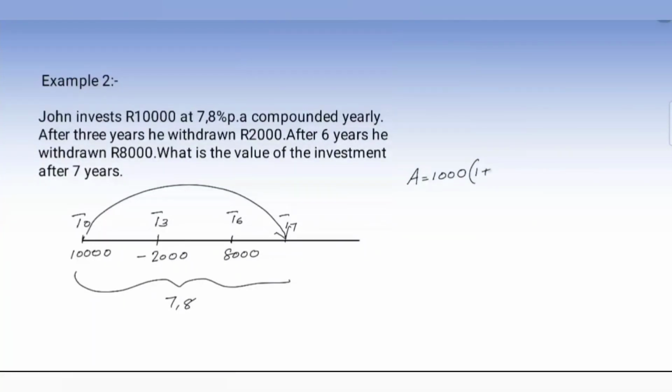Interest rate. 7.8 divided by 100, that is 0.078 to the power is what? How many years from T0 to the end? 7 years. That is 7 minus 0, right? Okay. Now the next one is minus. Why minus? Because it's a withdrawal. Clear? 2,000.